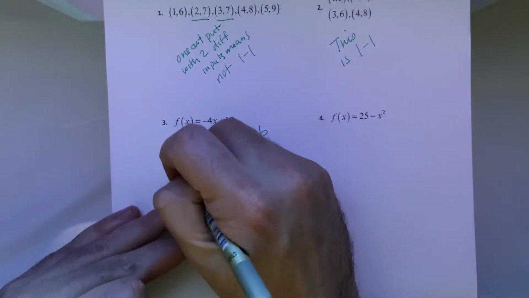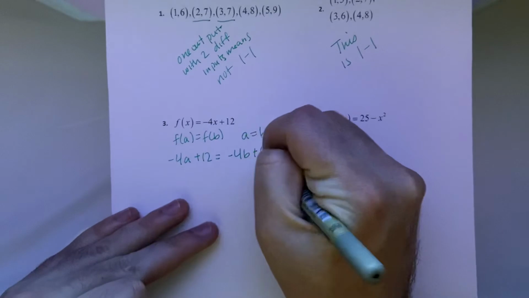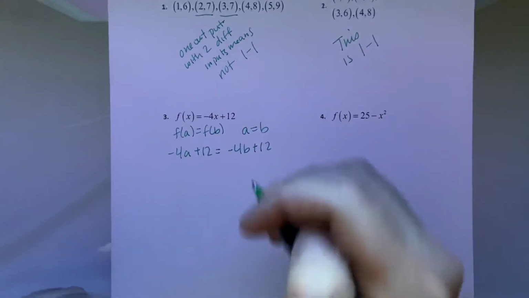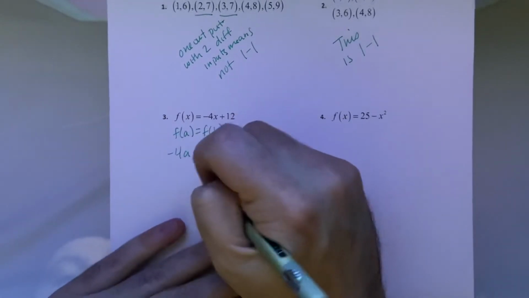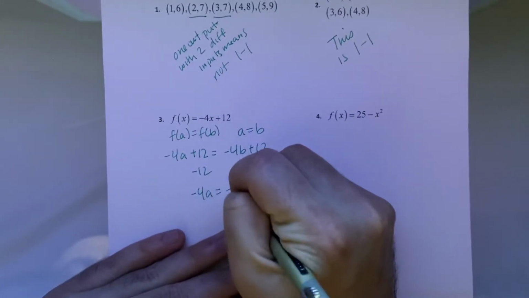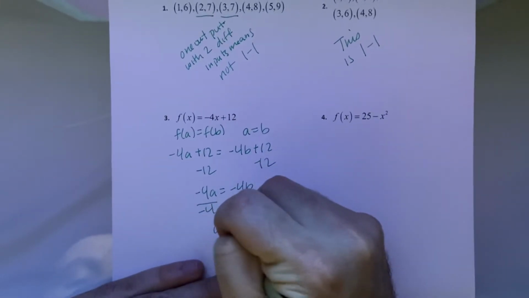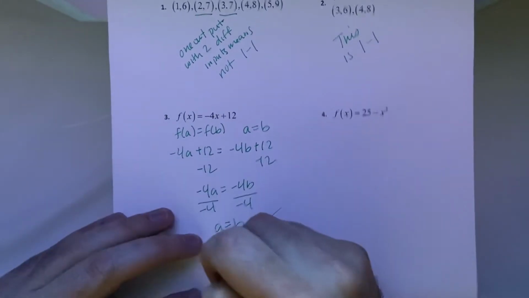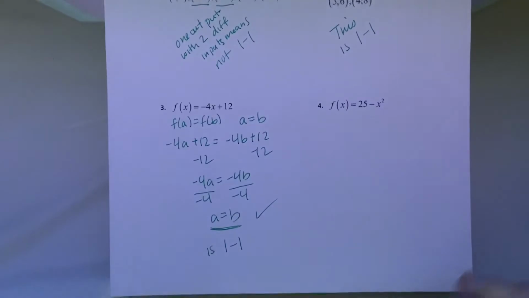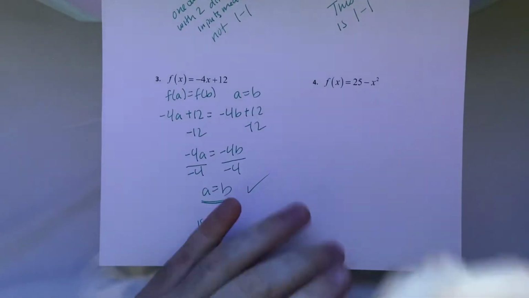So if negative 4a plus 12 equals negative 4b plus 12, plugging a and b into the function, I need to get it back to a equals b. Subtract 12, negative 4a equals negative 4b, and divide by negative 4 to get a equals b. That means this is one-to-one. If you get anything besides a equals b, it's not one-to-one.